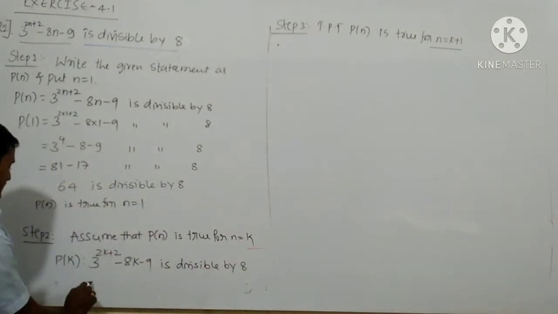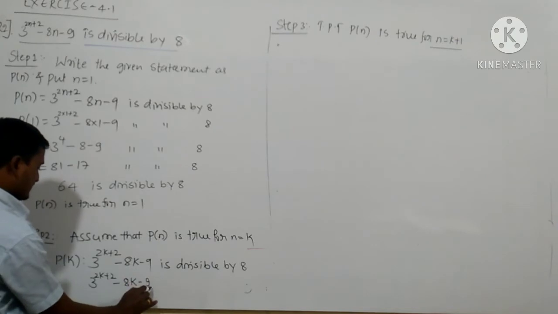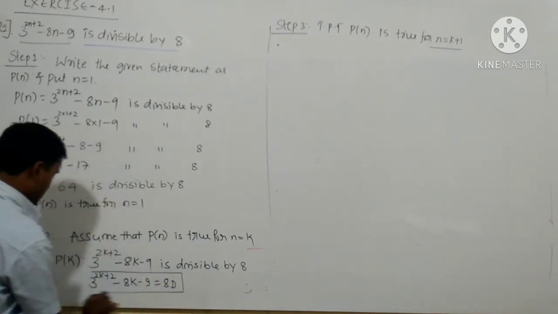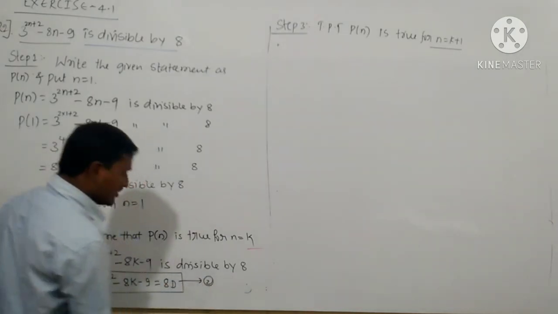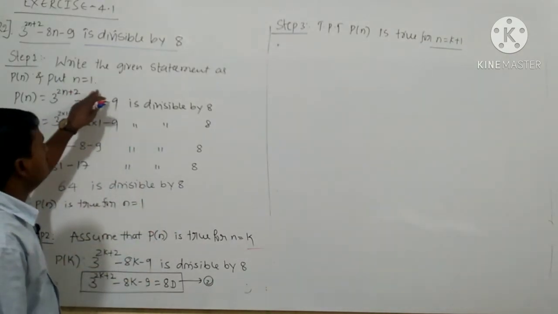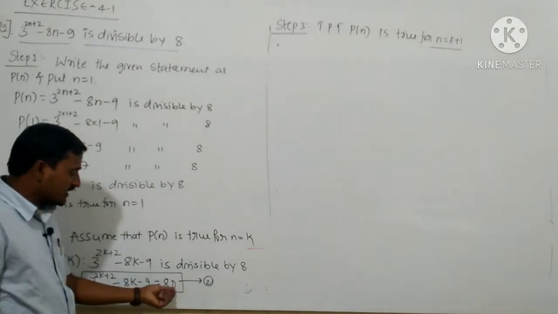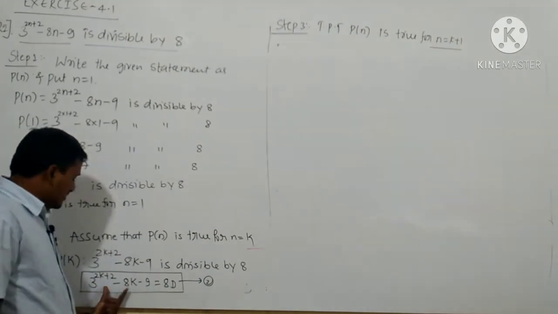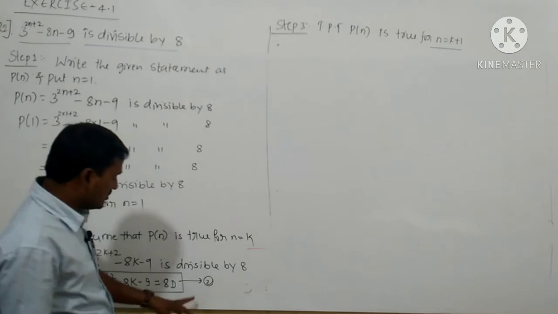If it is divisible by 8, then we will write 3 to the power 2k plus 2 minus 8k minus 9 is equal to 8 times d. Here it is equation number 1 and here it is 2. So there exists an integer d such that this term can be expressed as the product of 8 into some term. Call this equation 2.